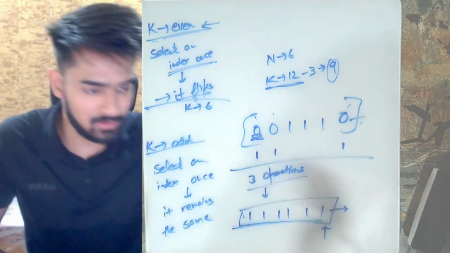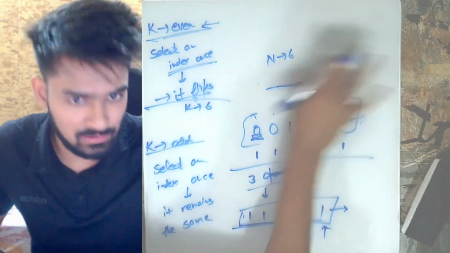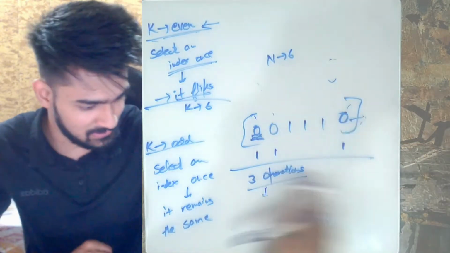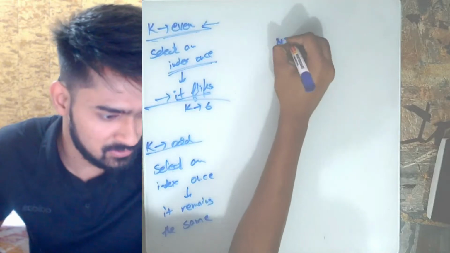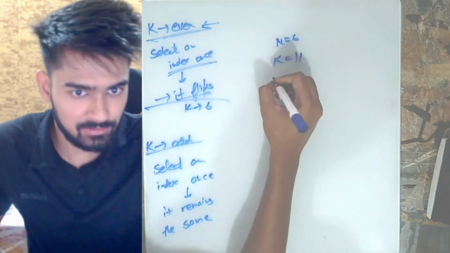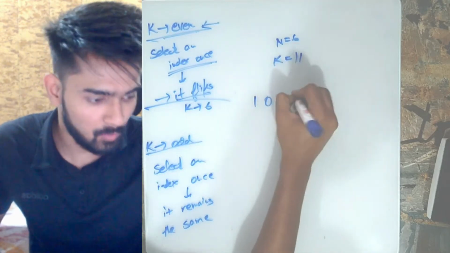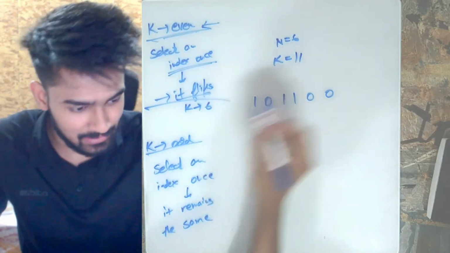Let's try this for another test case. Let's take the test case above this one. In this, we have n equal to 6, k equal to 11, and the string is 1 0 1 1 0 0. Now, we know that k is odd.